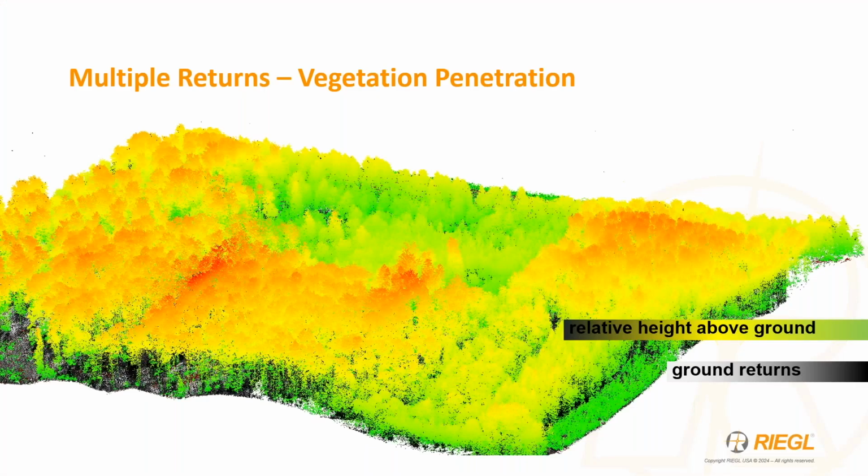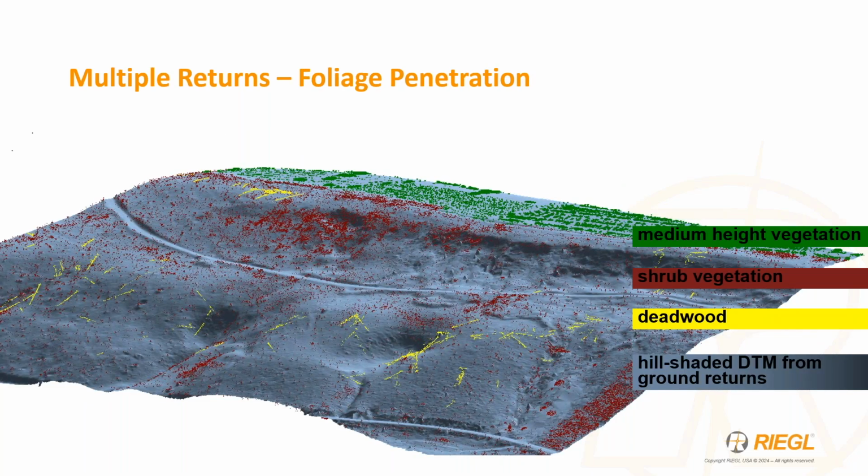So if we take a look a little bit more at an actual point cloud here, you can see that this is a pretty vegetated area and we're not just getting the top here, colored by height. You can see the top red canopy there as the terrain is undulating in this little hillside. But you're able to identify all of those trees and penetrate to the ground, which means that if you take that vegetation away, we're able to not only identify vegetation in general, but the nuances of that.